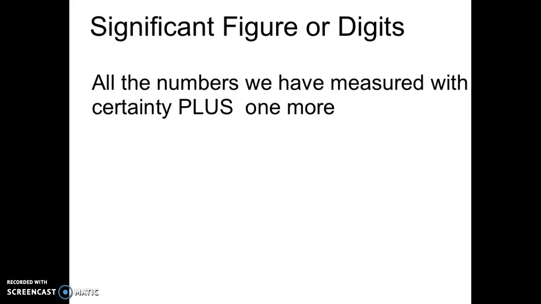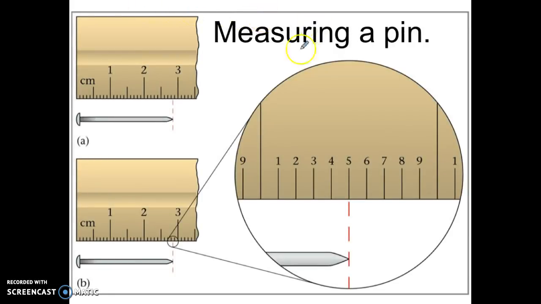So if you take a look at this pin that I have here, and you can see right from here that the pin is somewhere close to, let's see, you would evaluate if I said, what's the length of this pin? You would say, okay, well, at least it's 2.5. It's not quite 2.3. Oh, and then look at, there's more graduations here.